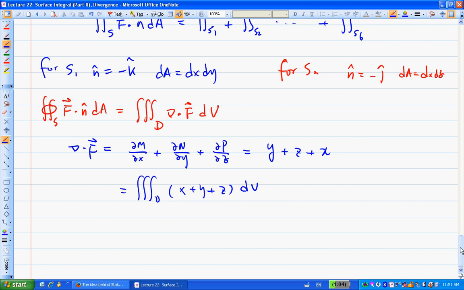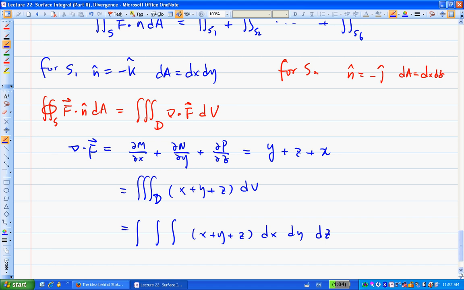This is a purely Cartesian thing, so I don't think you're going to choose anything other than Cartesian. Spherical won't work. So we choose Cartesian coordinates, dx dy dz. It doesn't matter the order; you can choose any order you want.